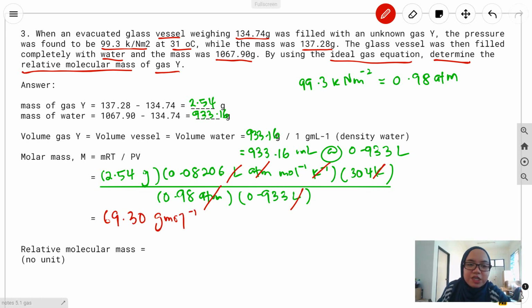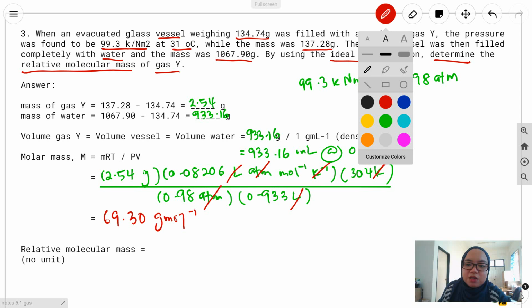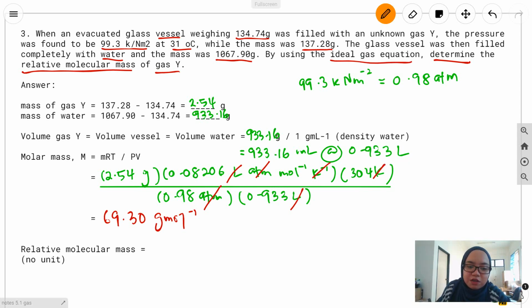The question asks you for the relative molecular mass, so you convert and cancel the unit. We get 69.30. So this is the relative molecular mass for gas Y. Okay, all right. Remember, you have to relate this with the kinetic molecular theory of gases.